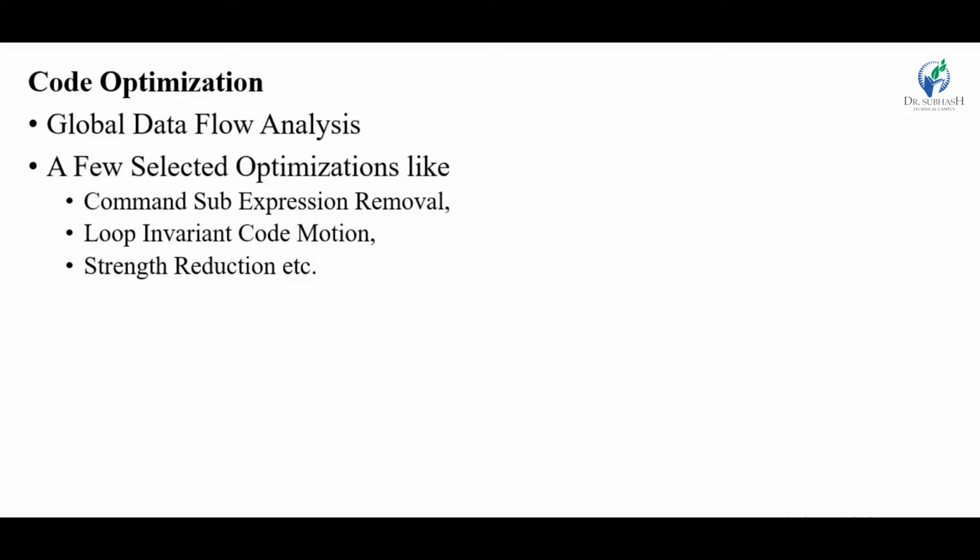For example, the strength of multiplication is higher than plus. So, change the operator. Actual calculation of any method does not change. These are few selected optimization techniques that are used.